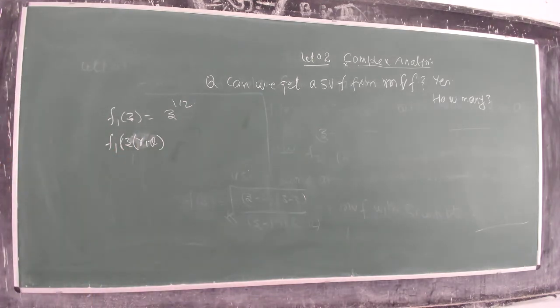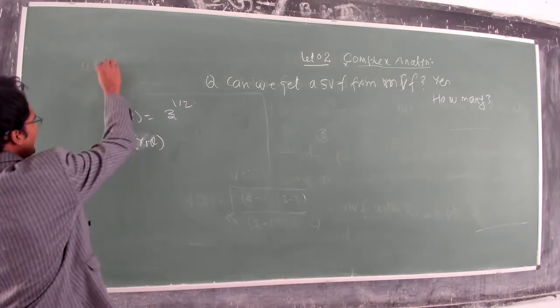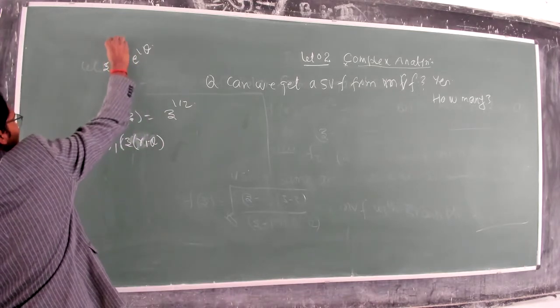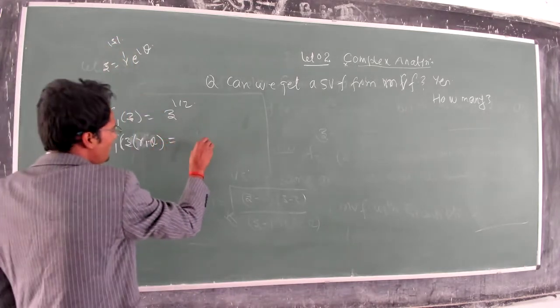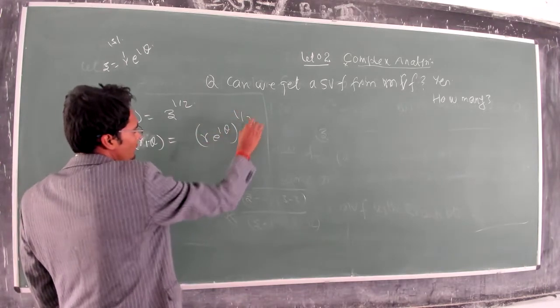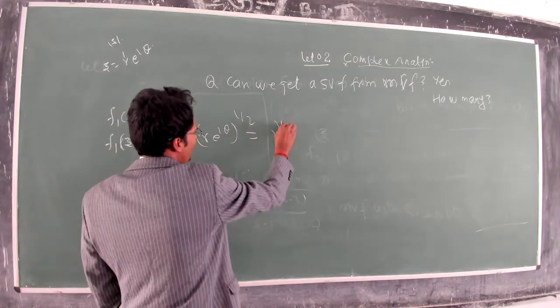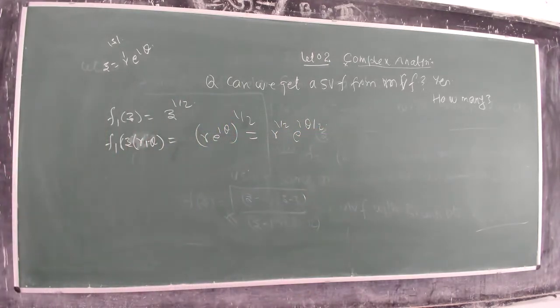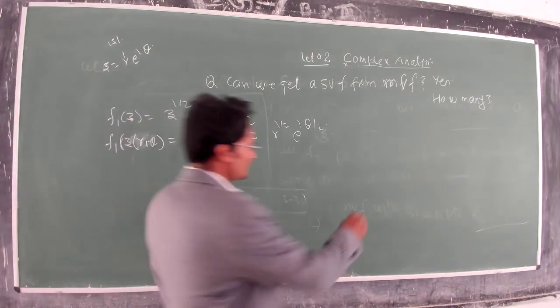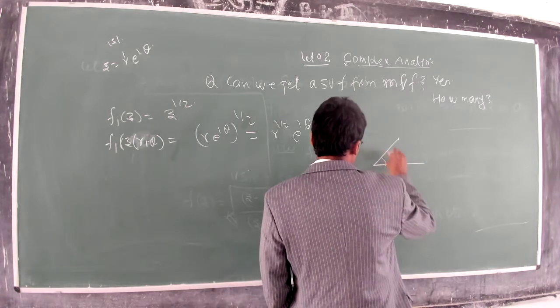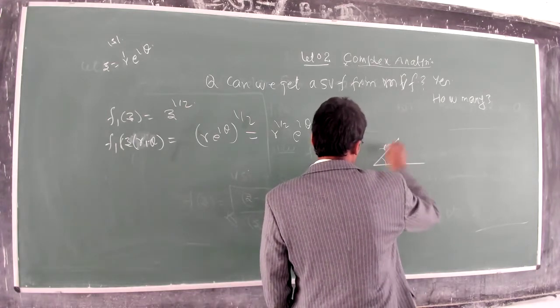From 10th class onward you know how to write a complex number in polar form: r e to the power i theta, where r is the modulus of z. So this will be (r e^(i theta)) raised to the power 1 by 2, which is r to the power half times e raised to the power i theta by 2. Now, for some particular point P, suppose I am here, so this will be theta, and the distance will be r.